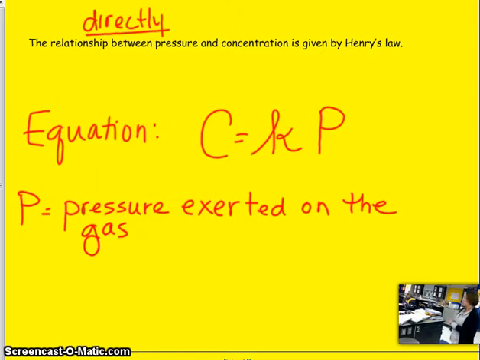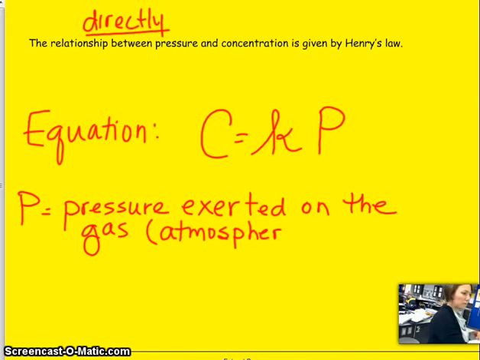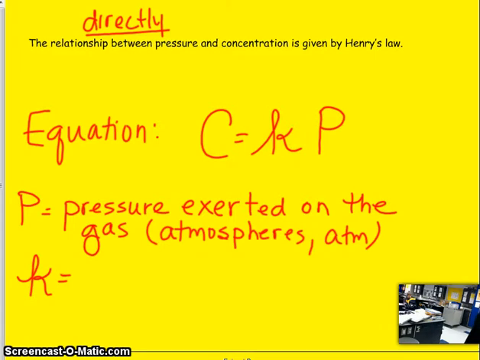That's going to be measured in atmospheres, or we abbreviate that ATM. K is a constant, and it's a constant for a given substance.